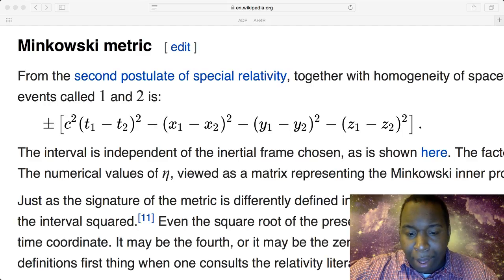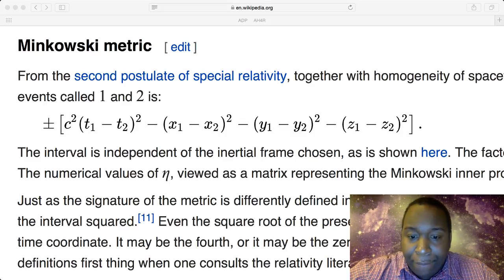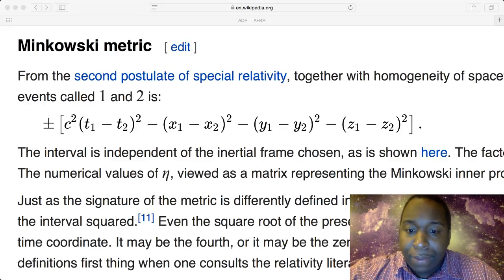But yeah, the only time I could think of actually having to worry about these metrics would be in a math course, other than in physics in general relativity.